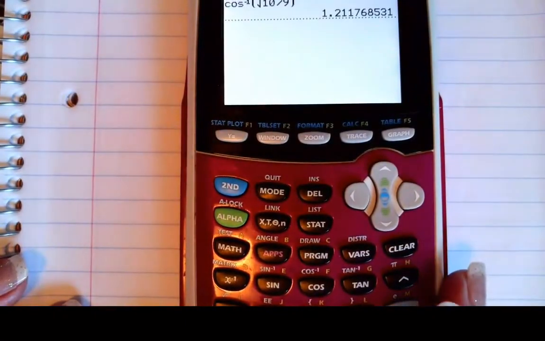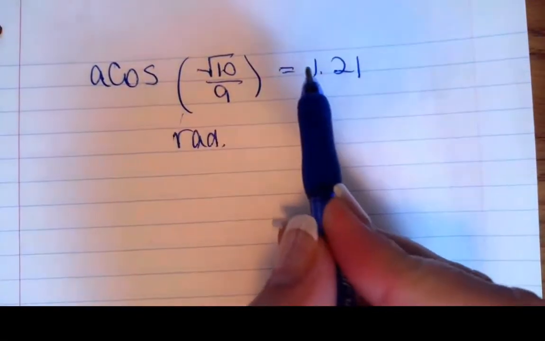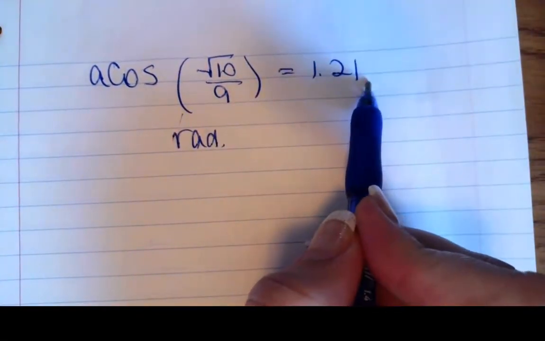My handwriting is atrocious. And then what I get is 1.21. So what angle measure has a cosine ratio of √10/9? You can't see, it's approximately 1.21 radians.